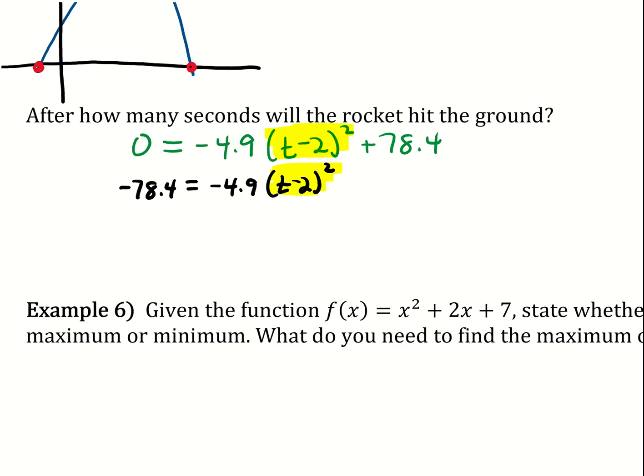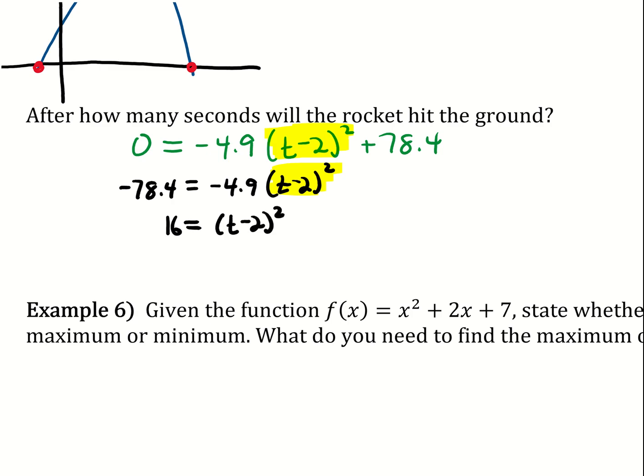Still need to isolate this, so we can go ahead and divide by negative 4.9. So negative 78.4 divided by negative 4.9 on a calculator is going to give us 16, which is definitely going to be a nice number when square rooting.